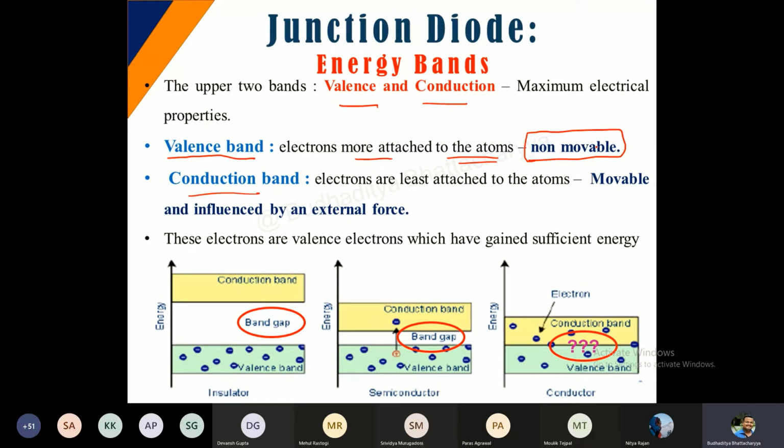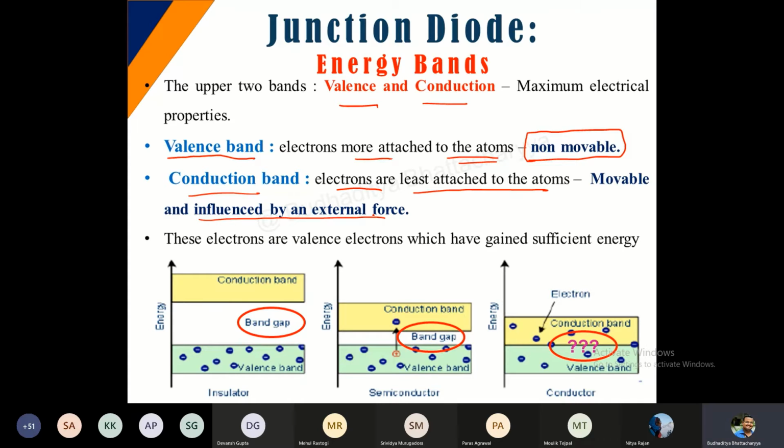They won't move freely. But given an excitation, and given that the band gap is sufficient enough that we can overcome it, these non-movable electrons can move to the conduction band, where electrons are least attached to the atom. And that is influenced by an external force.